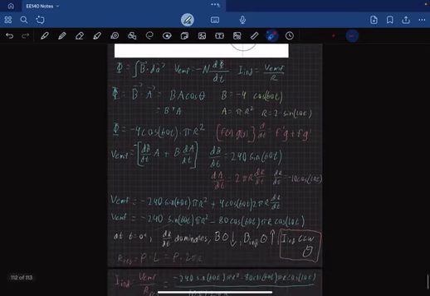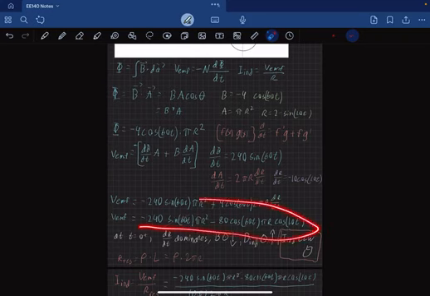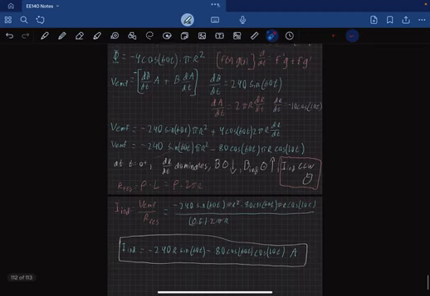After that, you want to find the term that dominates within your equation. And using the term that dominates, you can use Lenz's law to figure out the direction of your changing magnetic field, and then your induced magnetic field, and then your induced current. And then finally, we found the magnitude of our induced current.